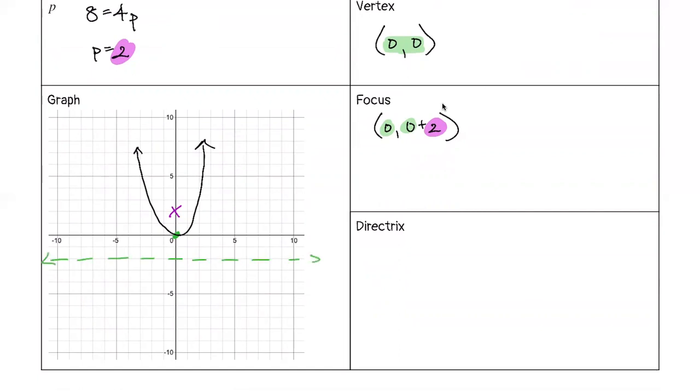How did we get that? Well, that's going to be y equals, all we did was go 0 minus 2. Okay, so we took our center or our vertex and we subtracted the p so we could get where the directrix is, y equals negative 2.